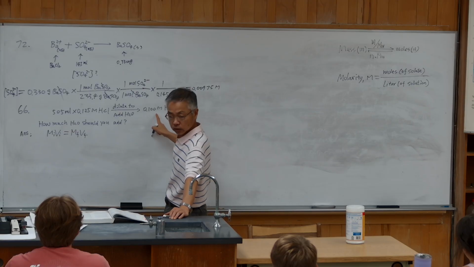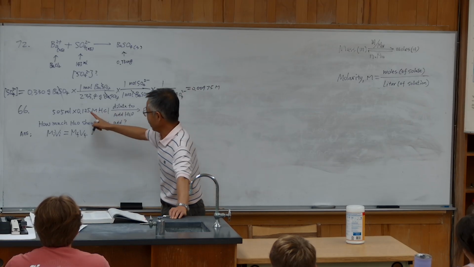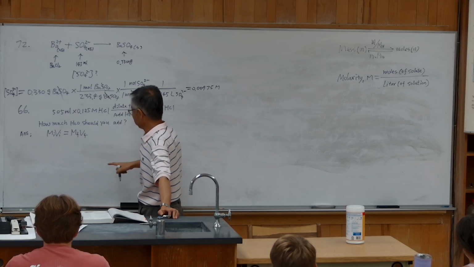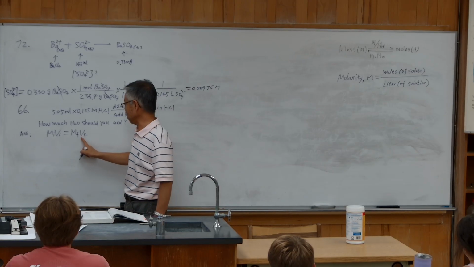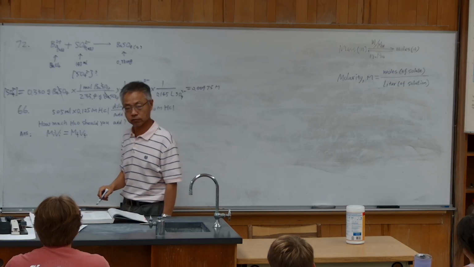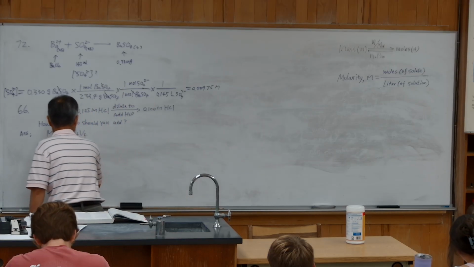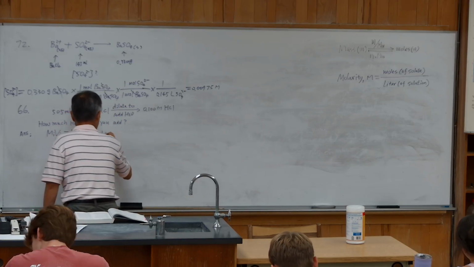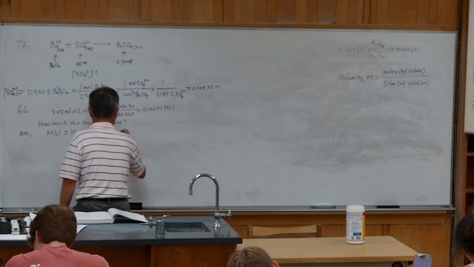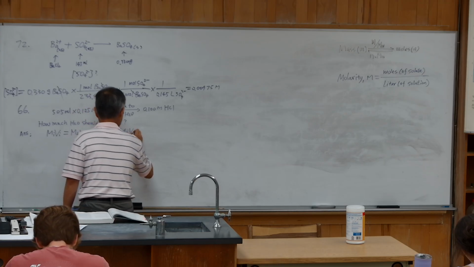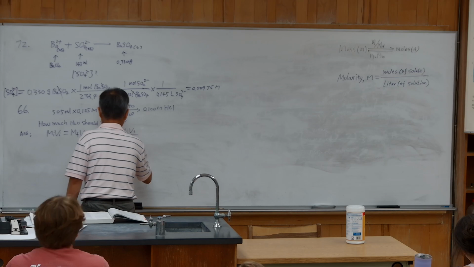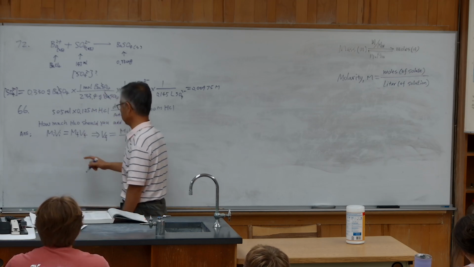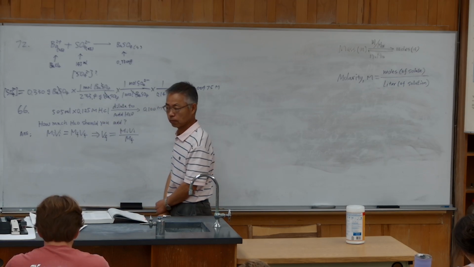What is this? Mf, yes. So with Mi, Vi, and Mf, you can definitely calculate Vf, right? So from here, Vf equals Mi times Vi divided by Mf, both sides divided by Mf.